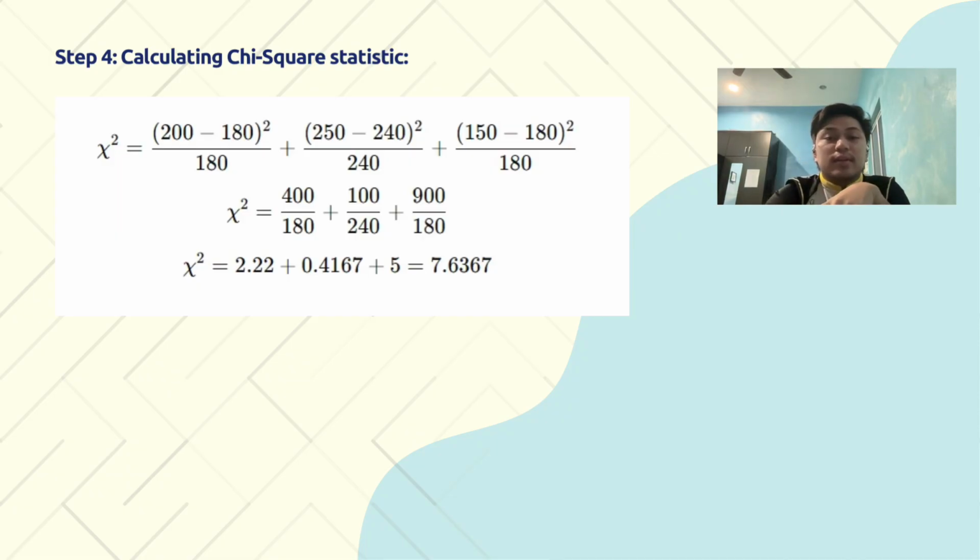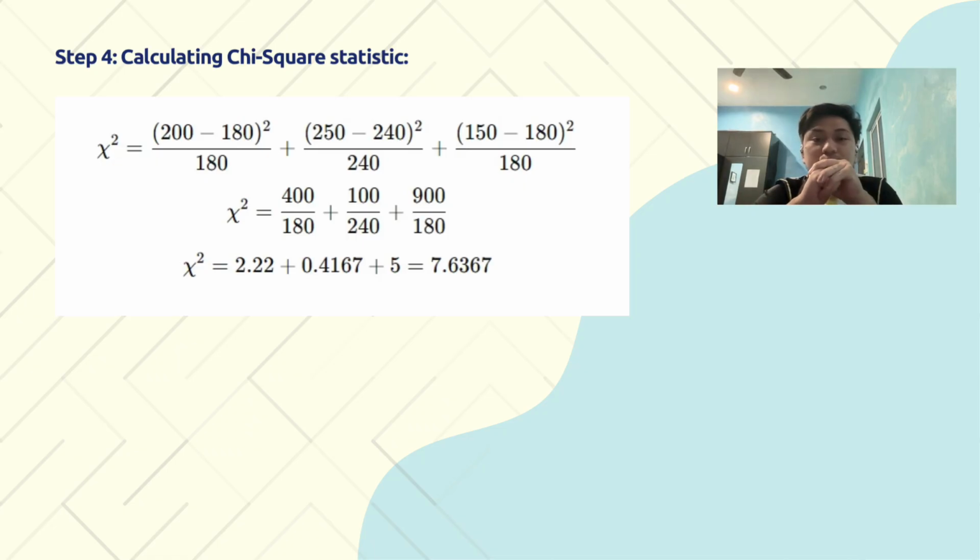Finally, we add these three numbers together: 2.22 plus 0.4167 plus 5. This gives us our final calculated chi-square test statistic of 7.6367.